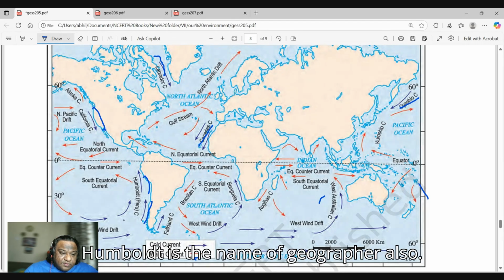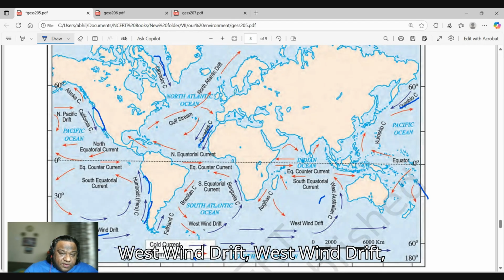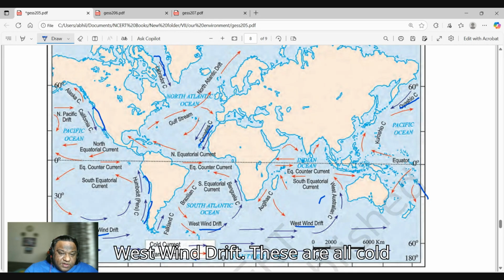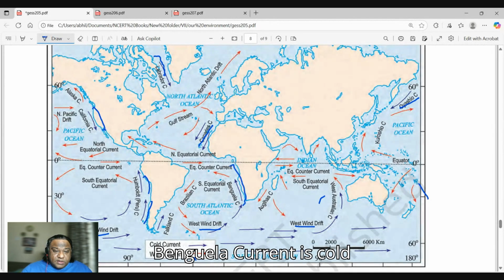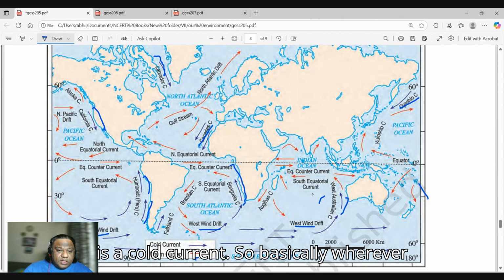Humboldt is the name of a geographer also. West wind drift, west wind drift, west wind drift. These are all cold currents. And the Benguela current is a cold current. Then the West Australian current is a cold current.